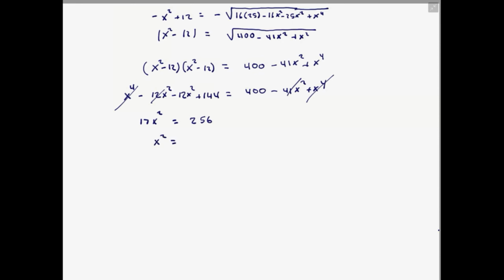and x squared equals, divided by 17, 15.0588235, and x equals, and that's the square root, 3.880, we'll round it off.